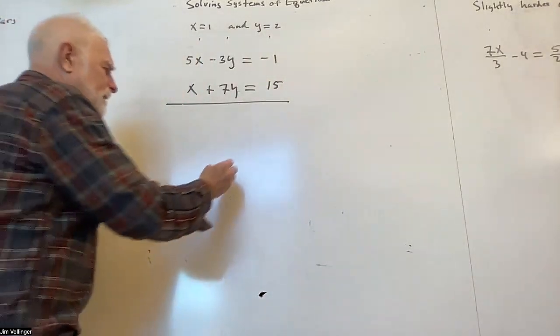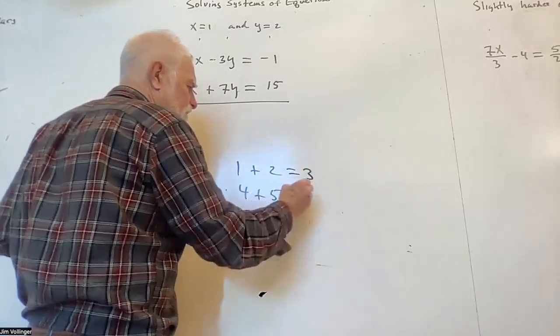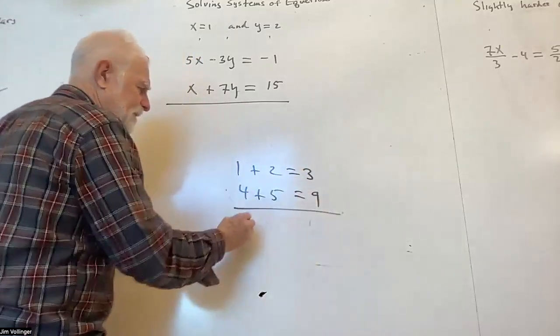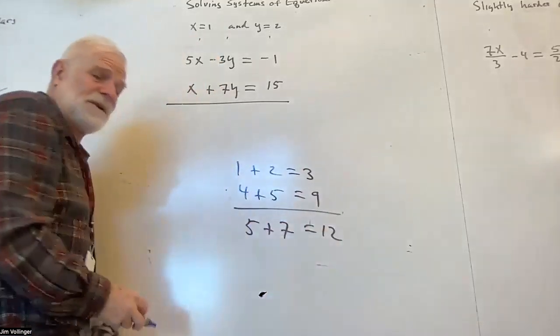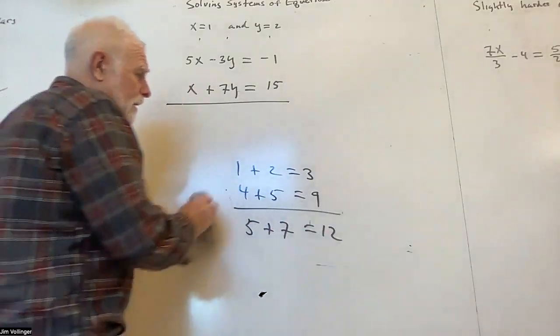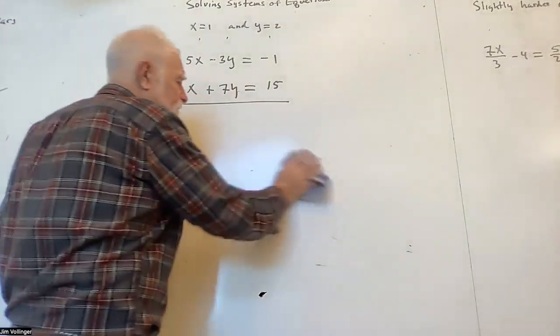And if I add up columns, 1 plus 2 equals 3, and 4 plus 5 equals 9. If I add up the columns, I get 5 plus 7 equals 12. That appears to be true too. Okay, but it's pretty hard to solve x plus 7y equals 15.